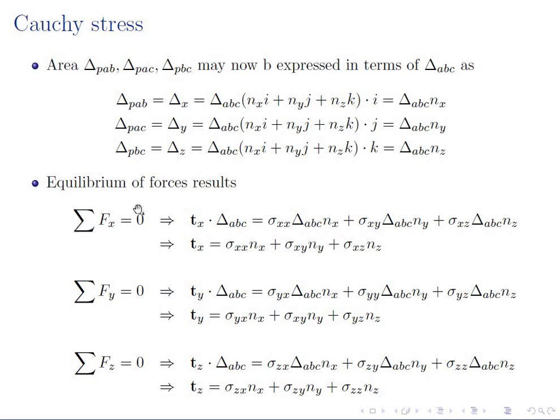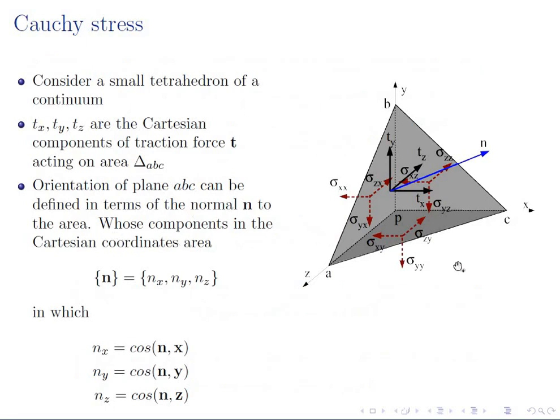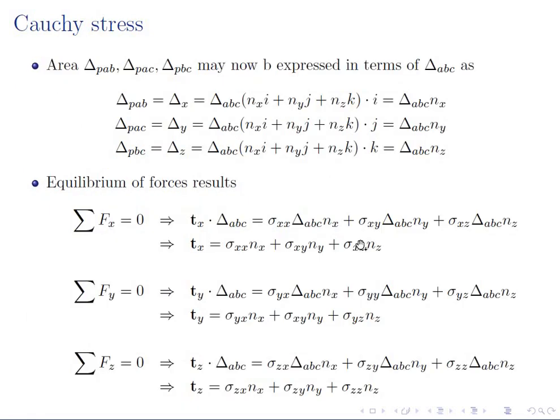Then we apply the equilibrium condition. Let's apply the equilibrium of the forces in the x direction. The force sigma xx multiplied by its corresponding area delta x, similarly sigma xy multiplied by its corresponding area, and sigma xz multiplied by the corresponding area must be balanced by the traction force Tx, which is acting over the area ABC.